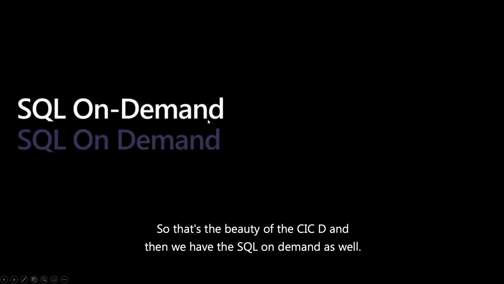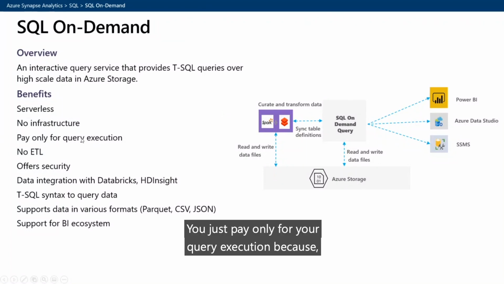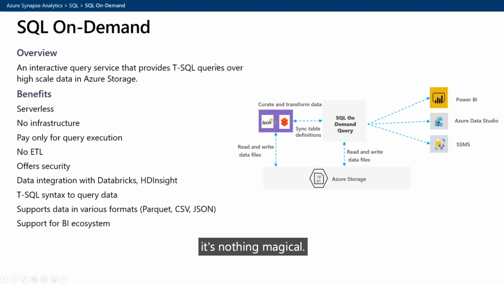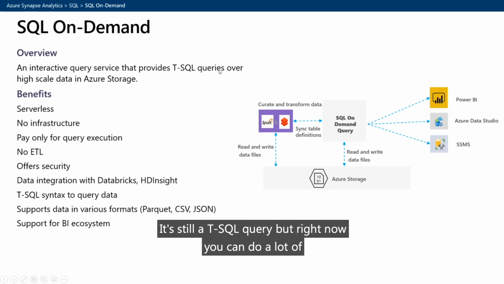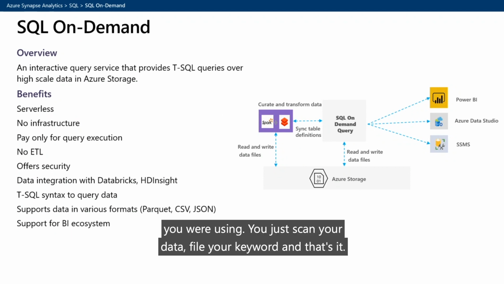And then we have SQL on demand as well. This one is really simple. You just pay only for your query execution because it's nothing magical. It's still a T-SQL query, but right now, instead of having to provision and calculate how many DWUs you'll be using, you just scan your data, fire your query, and that's it.